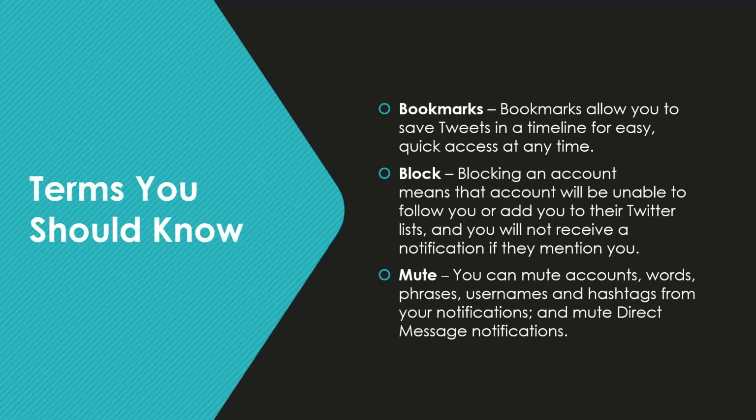You can also mute accounts. You can mute accounts, words and phrases, usernames, hashtags, all of that. You can also mute direct message notifications. Muting seems like a really weird thing, but a lot of people use it. If there's a topic that everybody's talking about and it's driving them nuts and they don't want to see it, they can mute that.